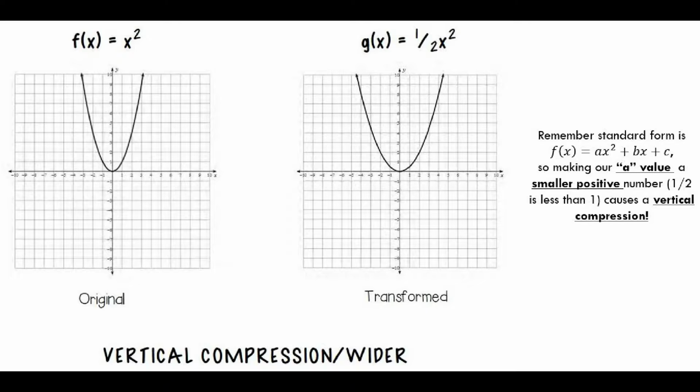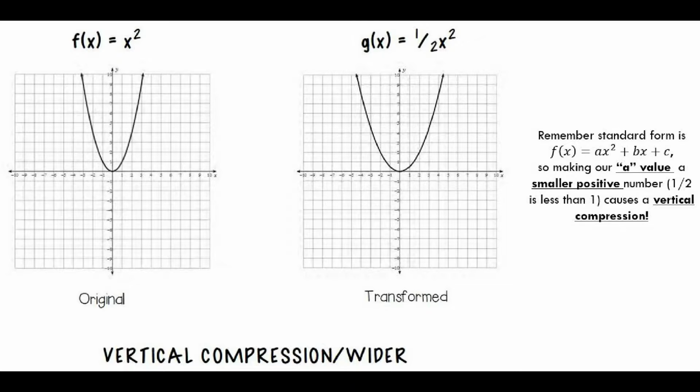So to vertically compress our graph, which is actually making it wider, we are changing the a value again, but this time we're making it smaller. So in my example, the a value is 1 because there's nothing in front of x squared. So to make it smaller than 1, I'm going to have to use a fraction. So I used 1/2, but 3/4 or 2/3, anything smaller than 1 would cause a vertical compression, which is making the graph wider.